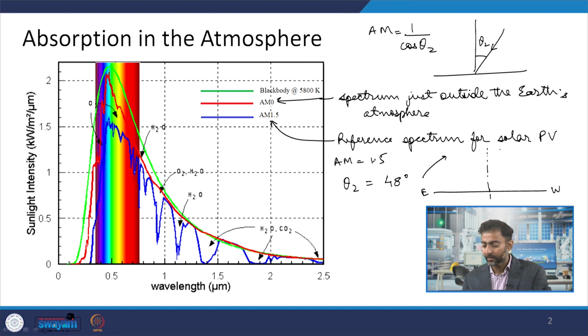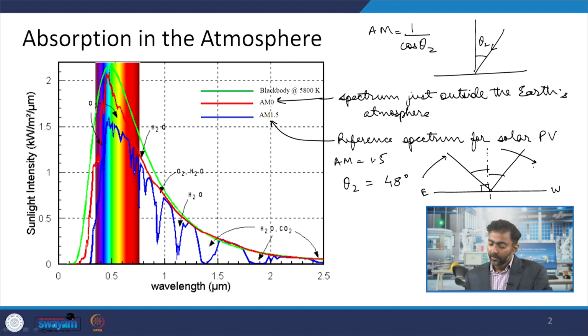Then after mid noon, as the sun proceeds towards the horizon on the western side towards the sunset, theta z increases again and goes to 90. So it starts from 90 in the morning, gradually reduces to 0, then increases in the second half of the day, and finally as the sun sets it is again 90 degrees.